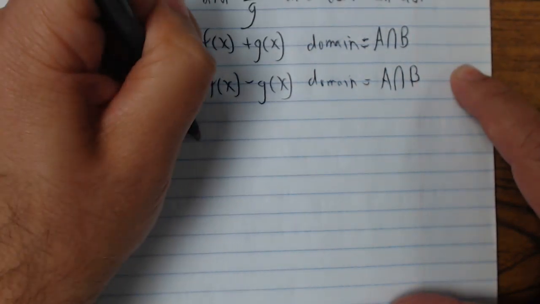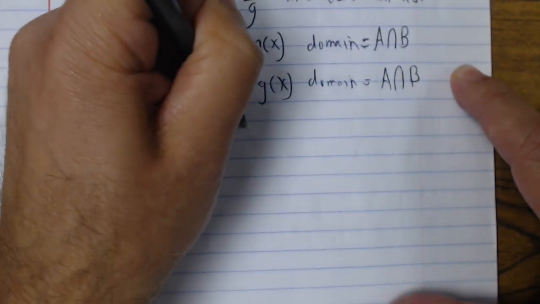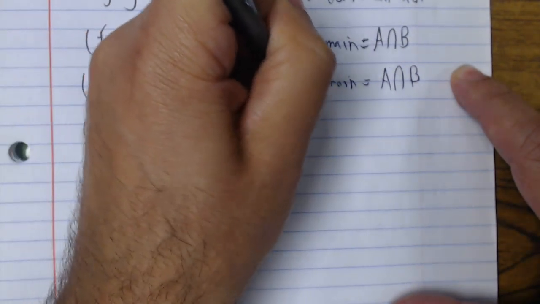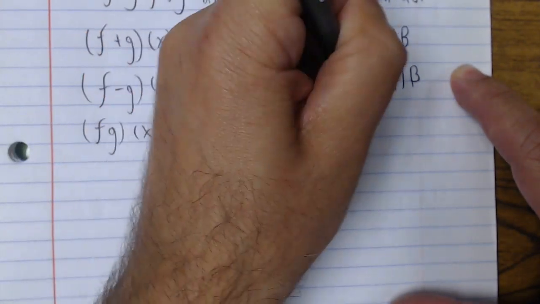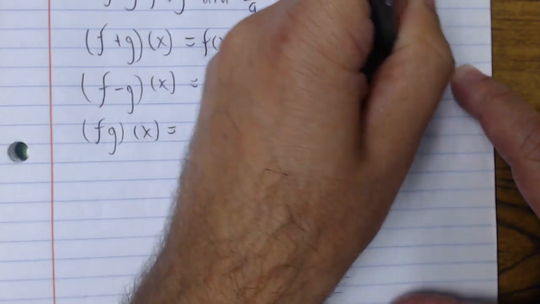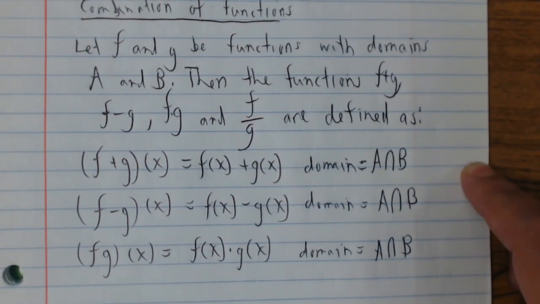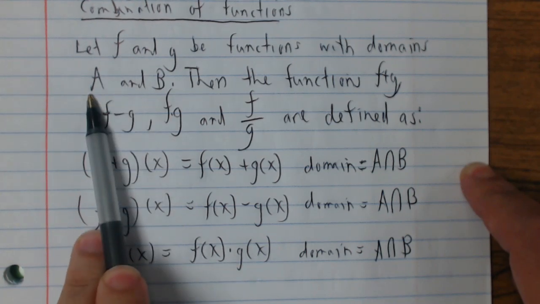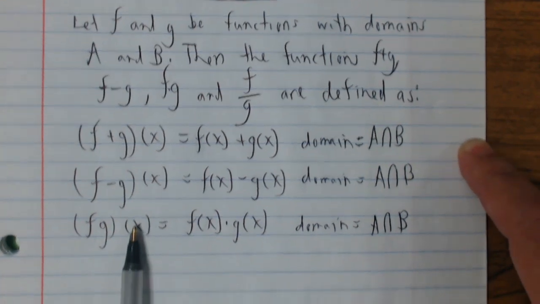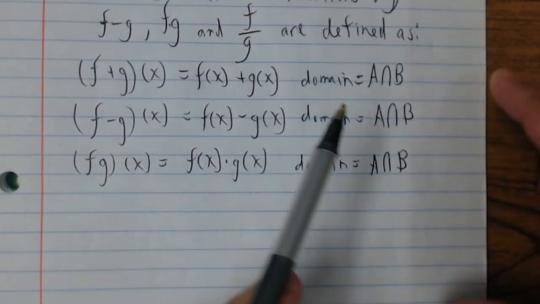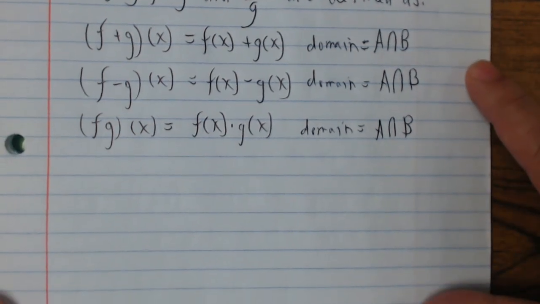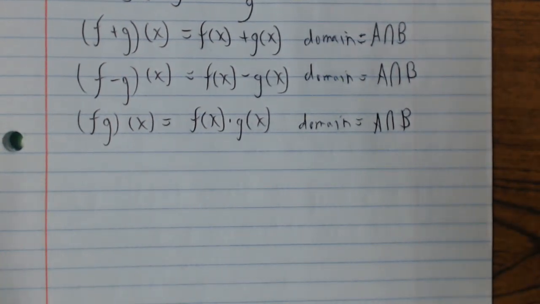This is the same thing as f of x times g of x, and once again the domain is what f and g have in common. If we look back at our notes, we defined the domain of f to be A and the domain of g to be B. So if you're wondering where I'm getting these A's and B's from, it's just what we defined them as.